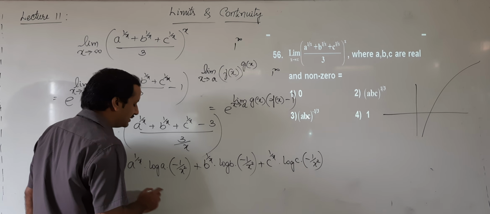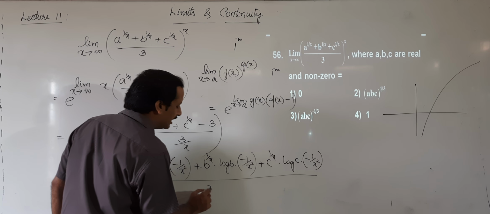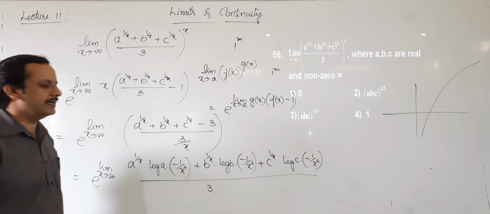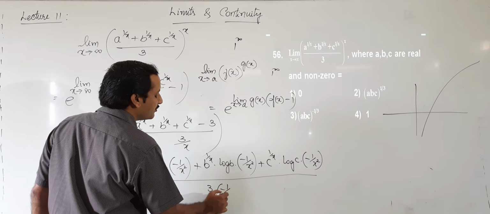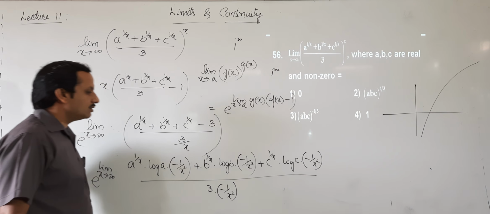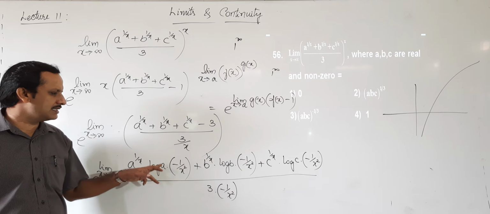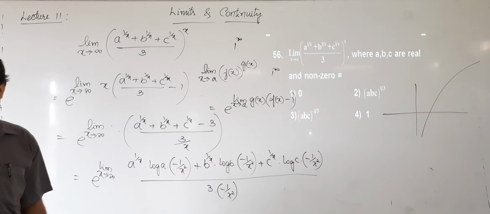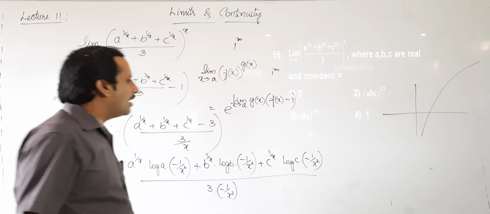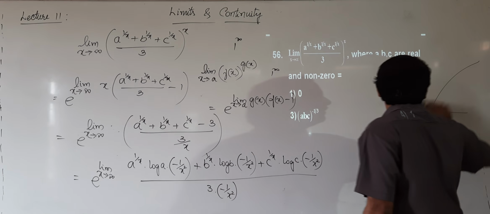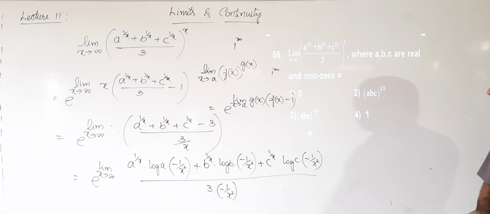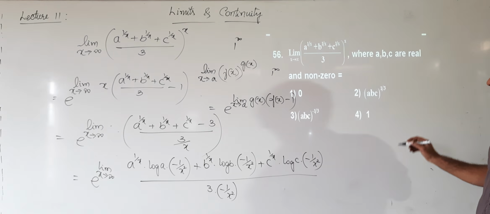Minus derivative of 3, which is 0. Divided by 3 into the derivative of 1/x, which is minus 1/x². So I will take minus 1/x² as a common factor, and that gets cancelled. After cancelling that, I will apply the limit.